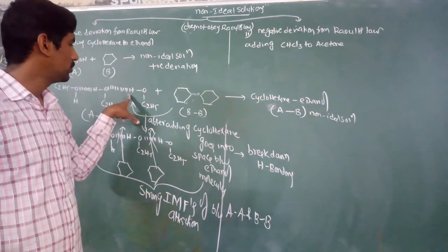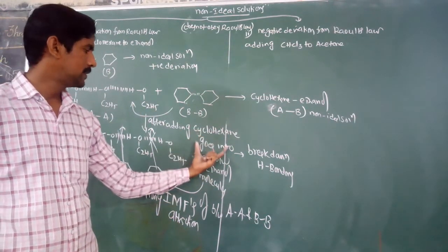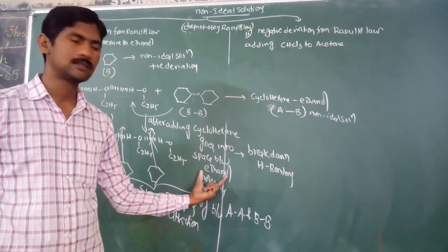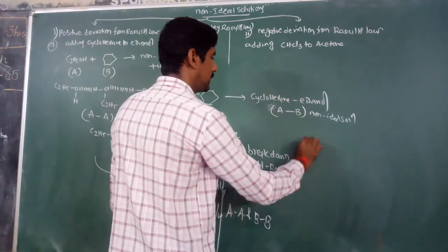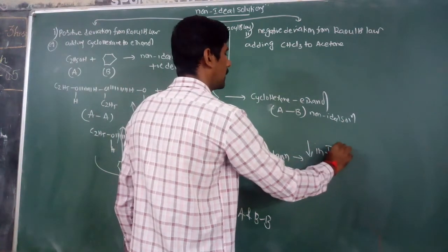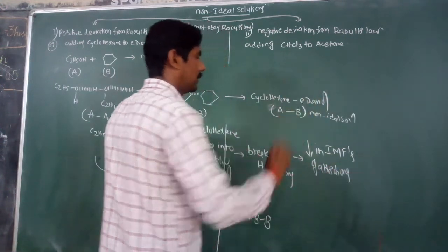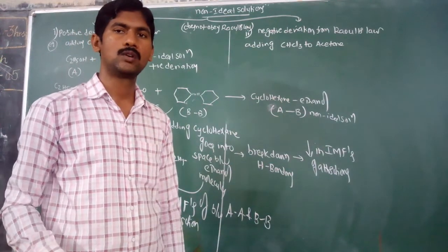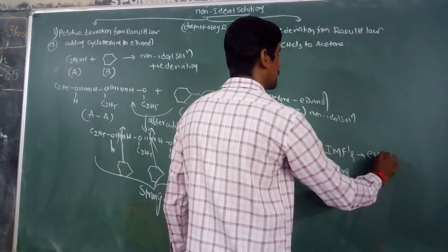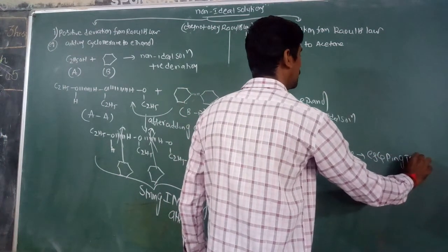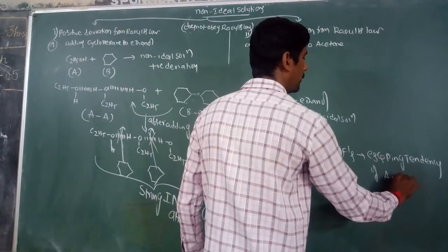After adding cyclohexane to ethanol, what happens? Cyclohexane goes into the space between ethanol molecules and breaks down hydrogen bonding. There is a decrease in intermolecular forces of attraction, which means that the escaping tendency of A-B increases.